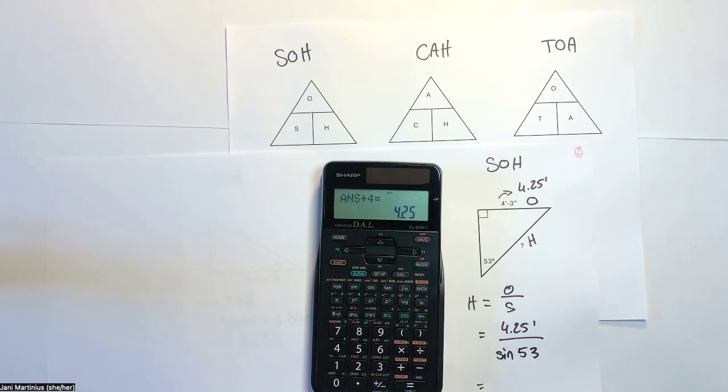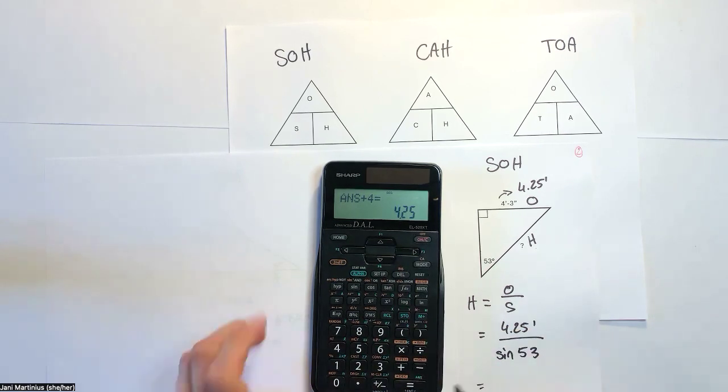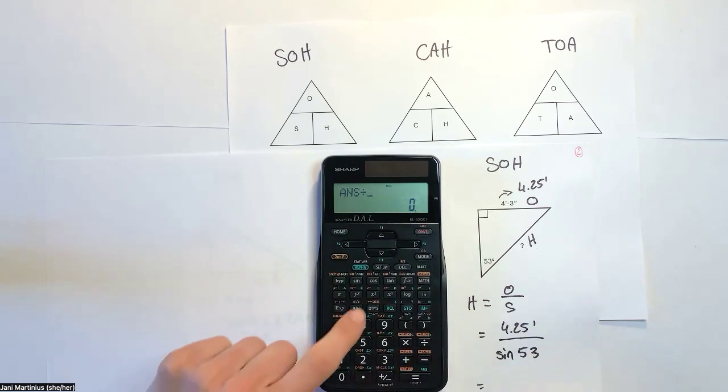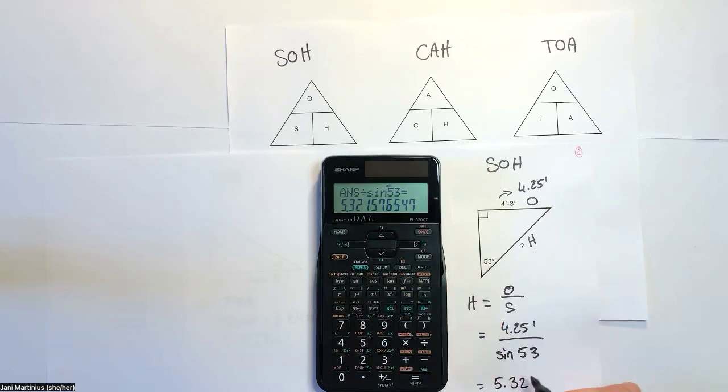And again, popping that into the calculator, I can just leave the 4.25 in there, divided by sine 53, gives me 5.32, and I can round that, and we are in feet.